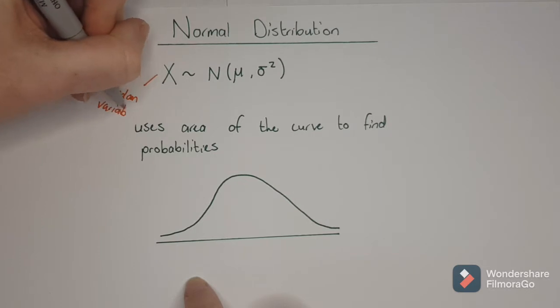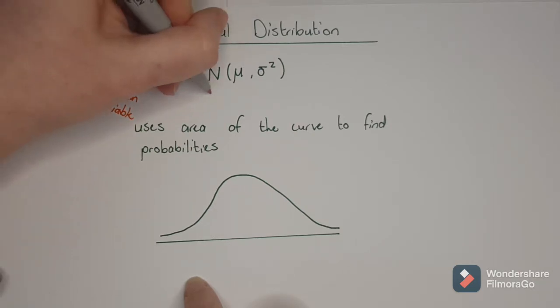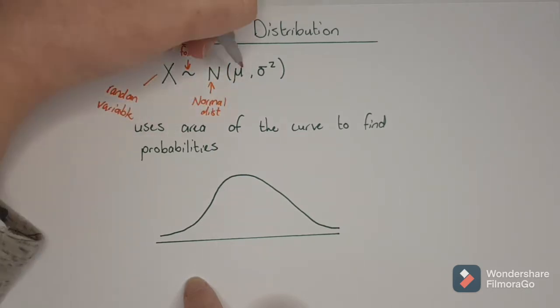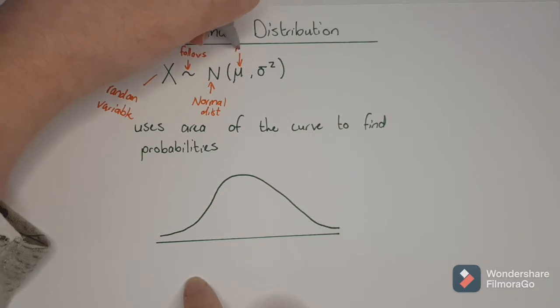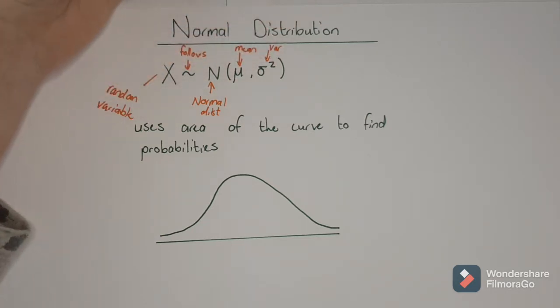So whatever we are investigating would be X. That always means follows. The capital N means normal distribution. And then we have the mean and the variance. And that's why it's squared.